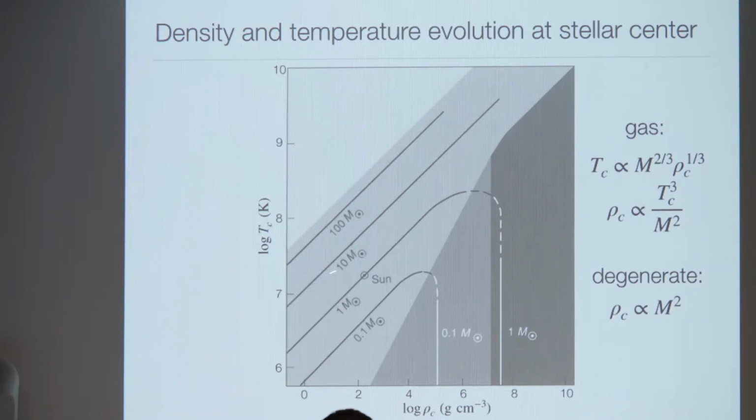Let's say a 10 solar mass star can only move along this line. Of course, evolution occurs from low density to high density, so the 10 solar mass star starts from this side and climbs up to the other end of this diagram. That's how the center of the star should change. This is basically determined by the equation of motion and the ideal gas pressure we derived in the previous lecture.